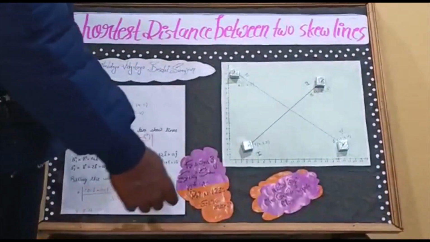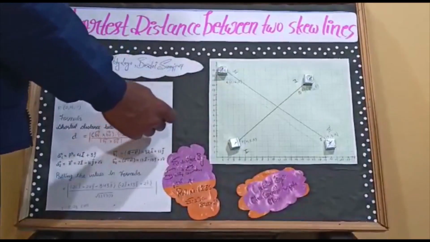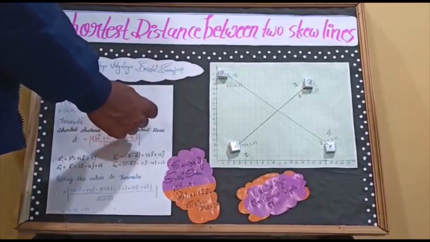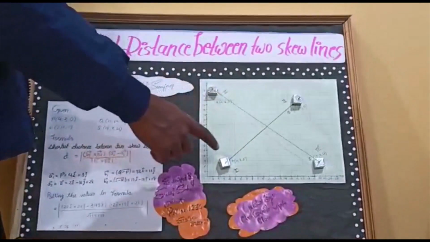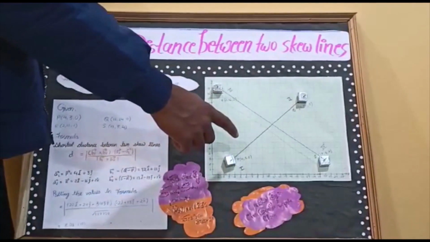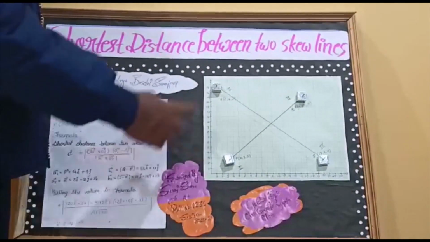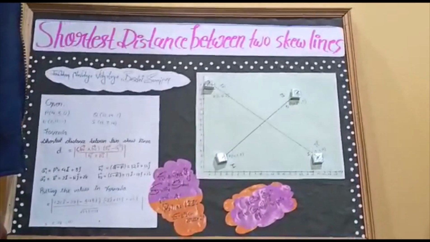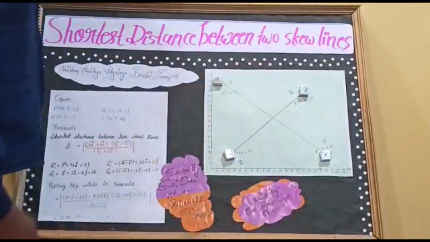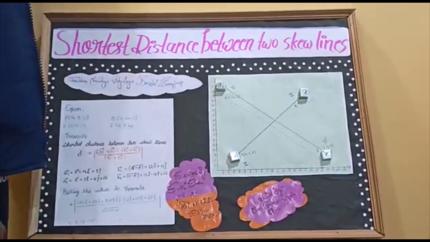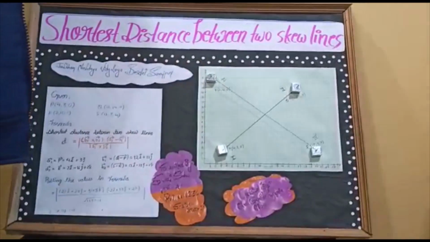Place a thread that joins P and Q, the centers of the bases of block first and second. Then take another thread that joins R and S, the centers of the top of block third and fourth, as shown in graph. These two threads represent two skew lines.